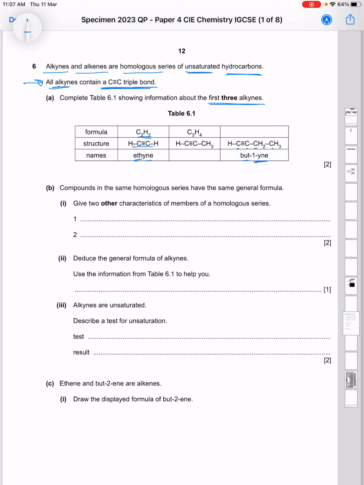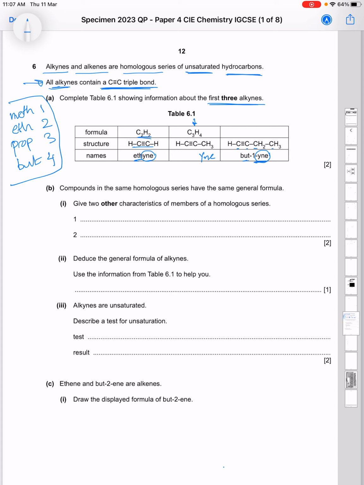This is giving you a hint about the suffix used to name the alkyne, which is the suffix -yne. So this will give me a hint on how to name the alkyne that has 3 carbon. We know eth means 2, prop is 3, but is 4, and definitely meth is 1.